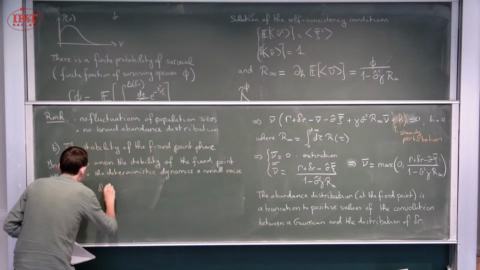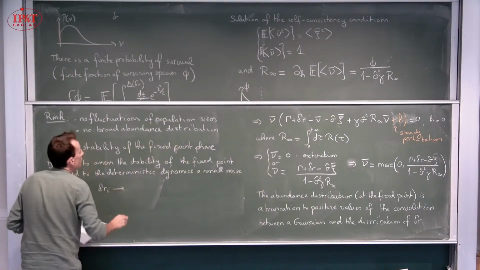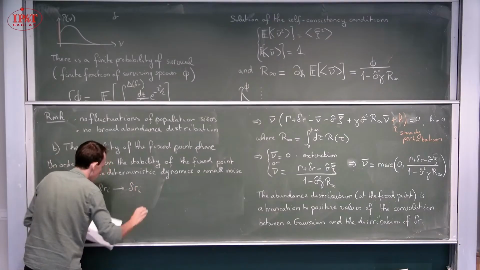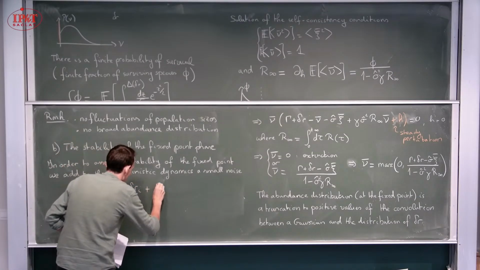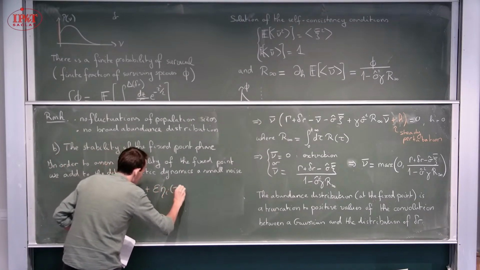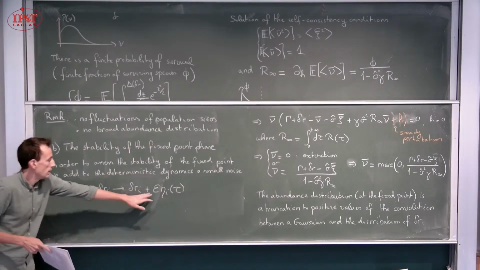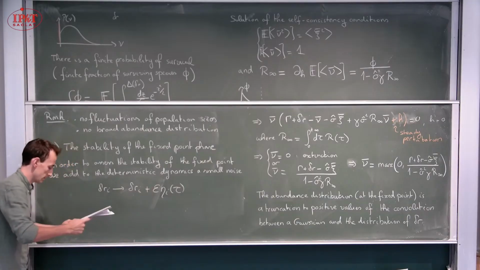So of the form delta R_i goes to delta R_i as before, plus epsilon eta_i of t. So I'm adding a small environmental noise in the dynamics.